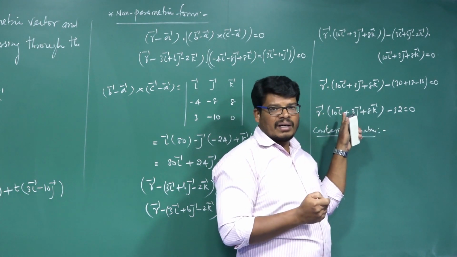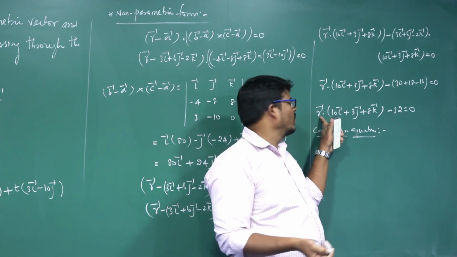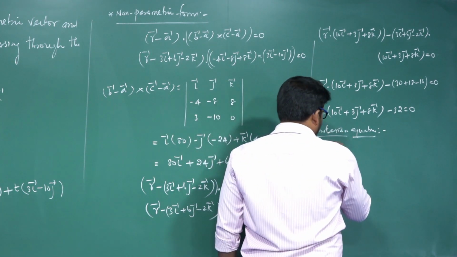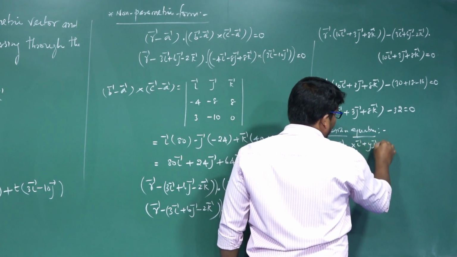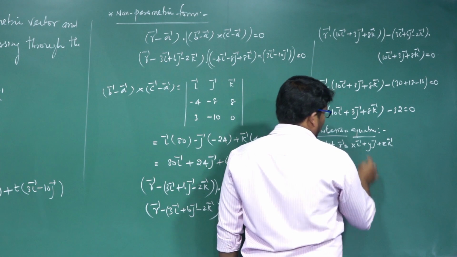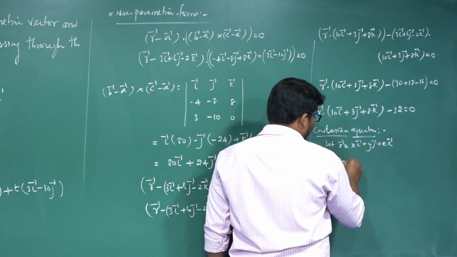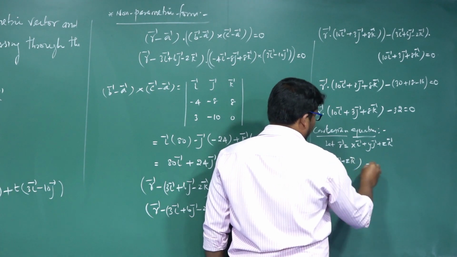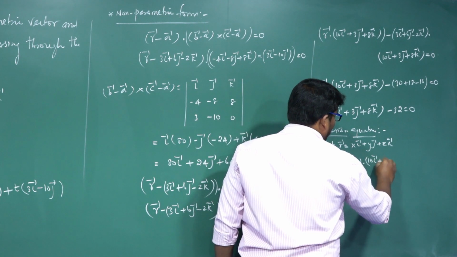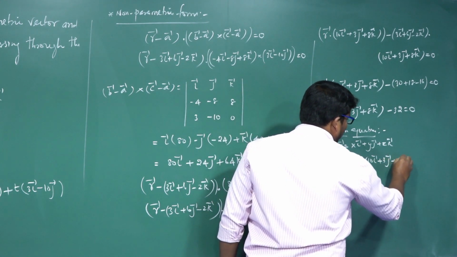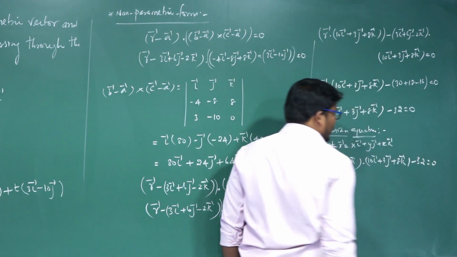Now find the Cartesian form. Let r vector equal xi vector plus yj vector plus zk vector, and substitute in r vector. This is (xi vector plus yj vector plus zk vector) dot (10i vector plus 3j vector plus 8k vector) minus 32 equal to 0.